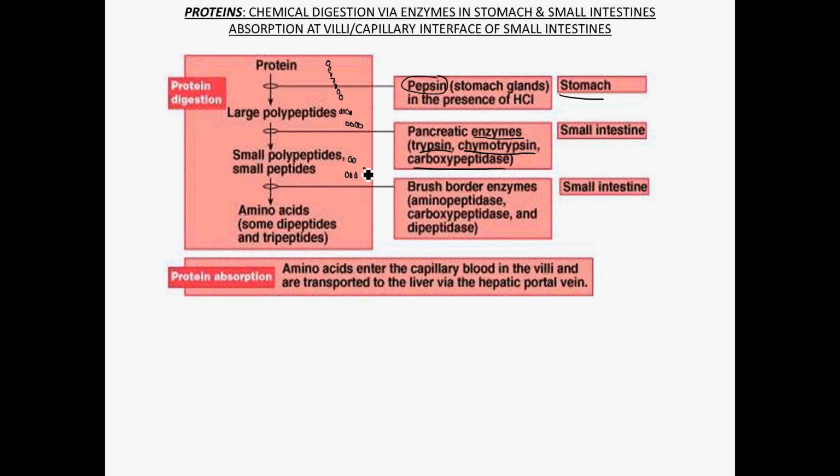And so ultimately you get to the enzymes on the brush border, and these are aminopeptidases, carboxypeptidases, dipeptidases, that are maybe complex in name, but if you look at what's similar about them, peptidase, they're breaking these peptide bonds between the individual amino acids. So again, that would be a peptide bond: there's an amino acid, peptide bond, amino acid. These enzymes are breaking these peptide bonds, and so you end up getting individual amino acids that then enter the capillary blood at the villi and will be transported in the bloodstream.